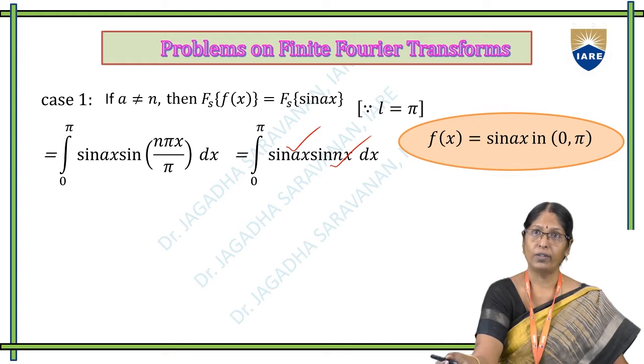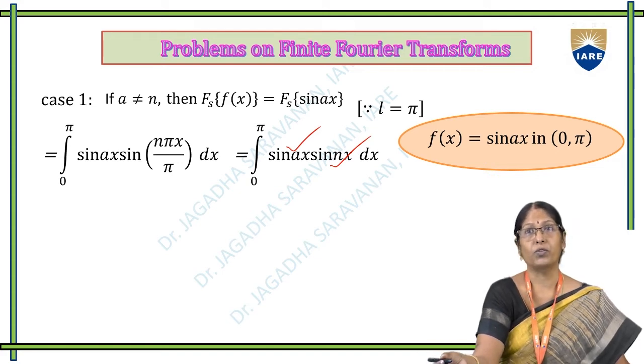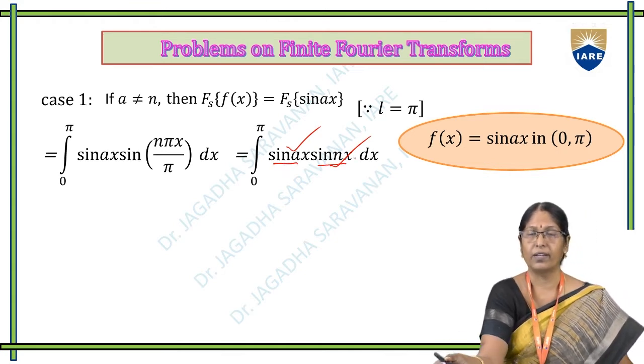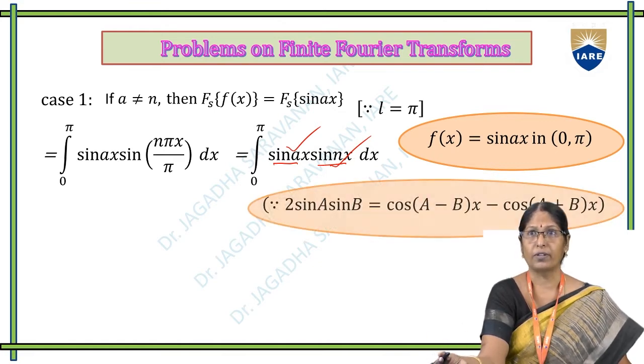Otherwise, if the trigonometric terms have powers, the relevant trigonometric formulas are to be substituted. Now here sine ax is there, sine nx is there, so two trigonometric terms under a product.